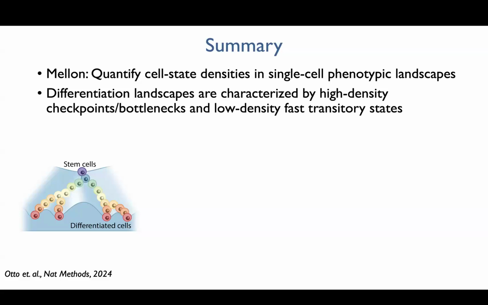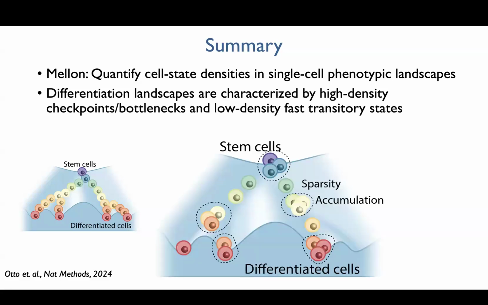When we think of the differentiation landscape, of course, this is a very often used analogy, but what we really should be thinking about, and we have evidence to show that, is that cells are not just changing or distributed in a uniform way, right? You have a lot of cells which are very similar in expression profile, either waiting for a signal or waiting for some communication. And once they receive it, they very quickly change their transcriptional profile and hit the next high density or checkpoint state.